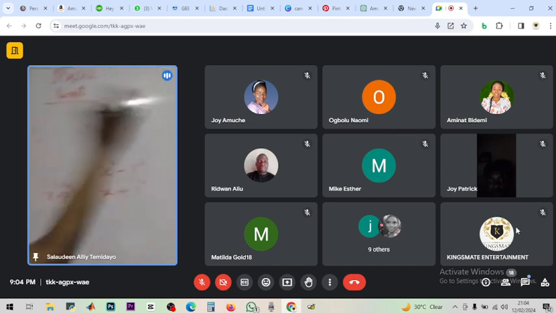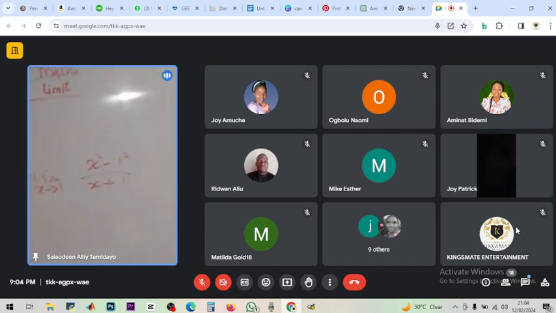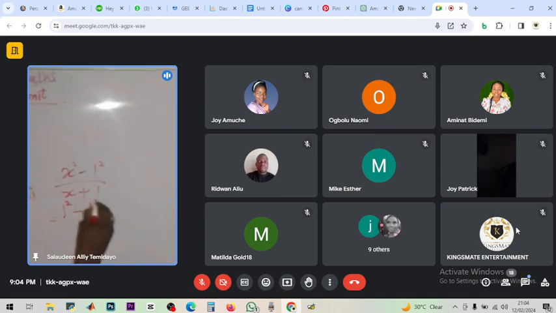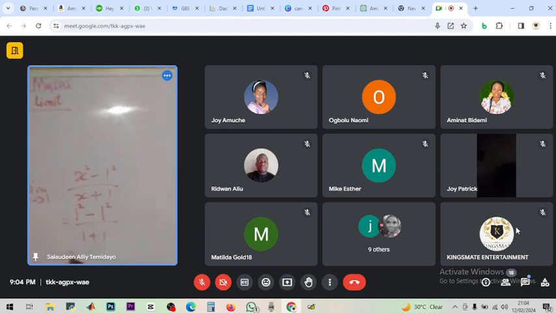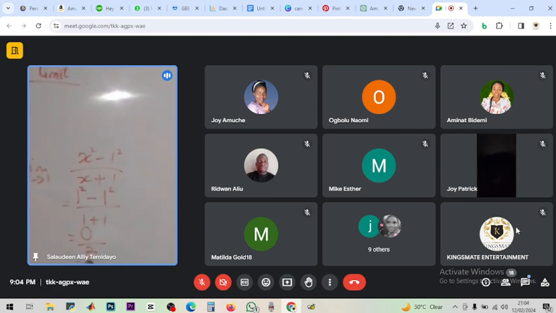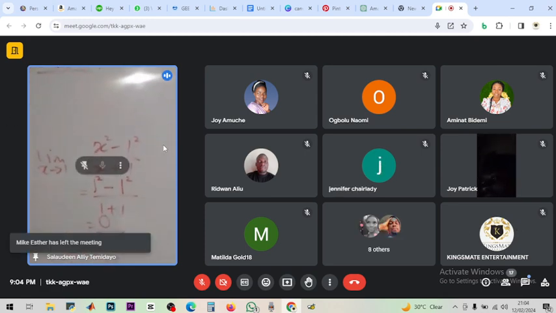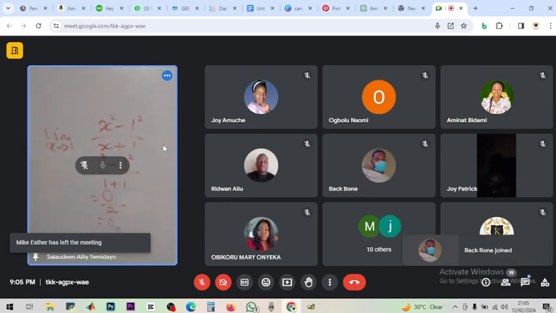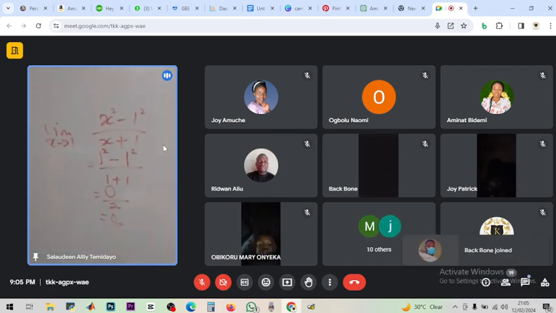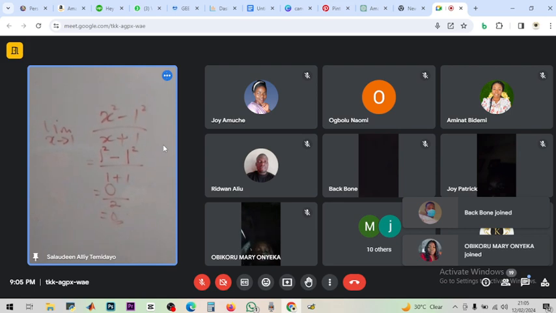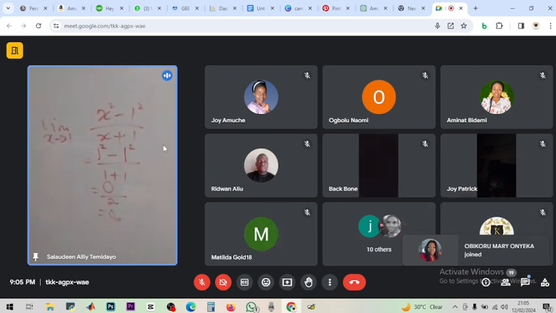Many of us expect me to say limit x to 1 is going to be 1 squared minus 1 squared over 1 plus 1. 1 squared minus 1 squared gives 0 over 1 plus 1, 2. 0 divided by 2 gives 0. You will get 0 here, which is not right. When you are doing the limit like this, you get the wrong answer. You are going to do the difference of 2 squares and the likes.